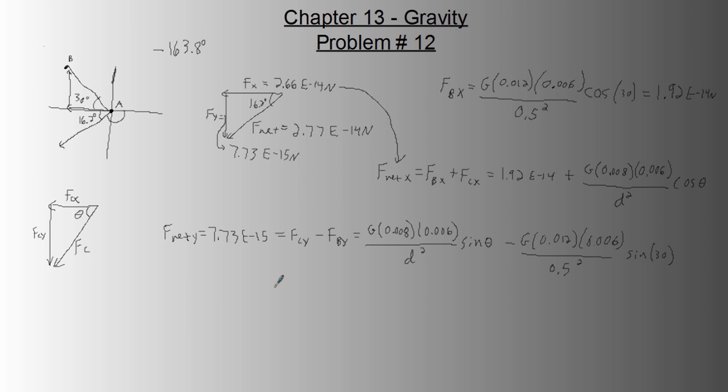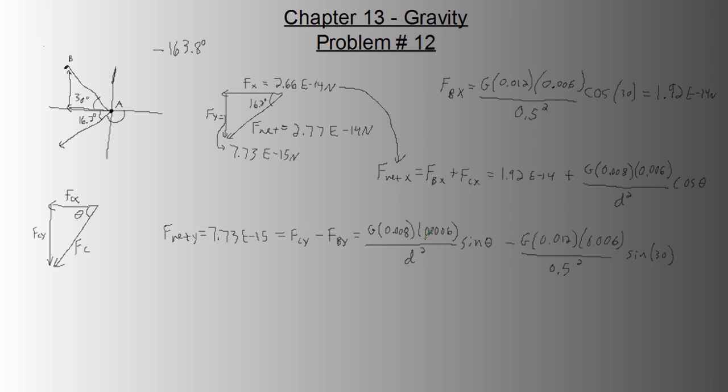the algebra. Basically, we got a number here equals a number here. This is a number, we know everything here, so we can add this over here, basically solve for d squared in this equation, solve for d squared in this equation, and set those equal to each other because d is equal.